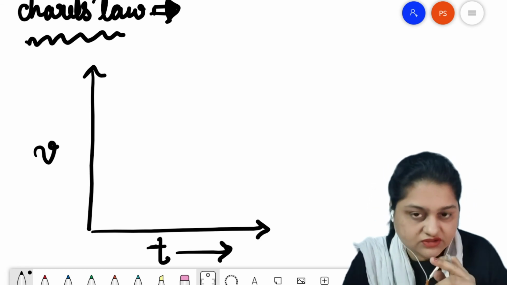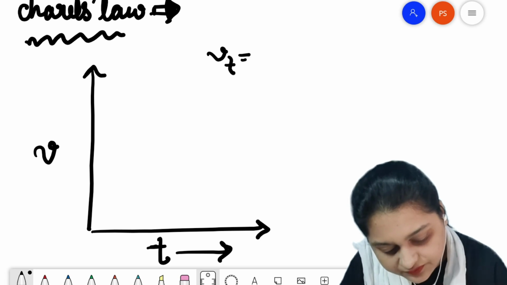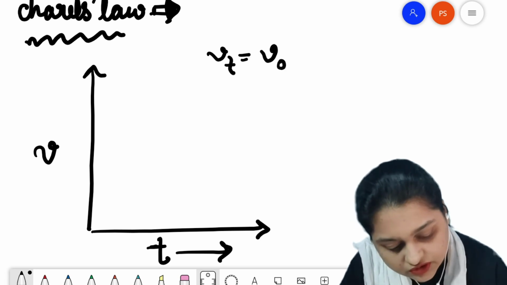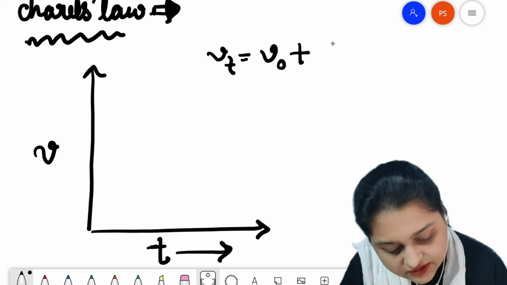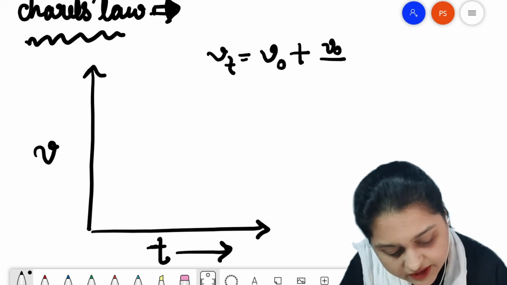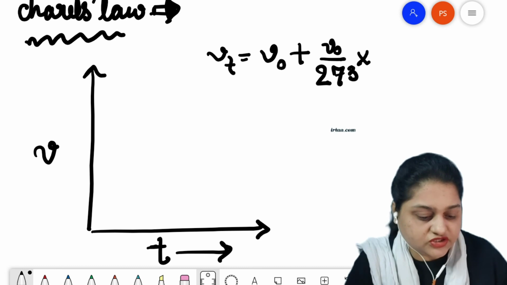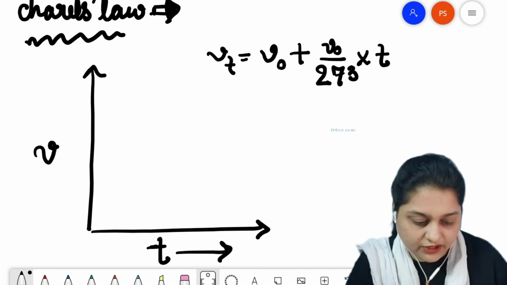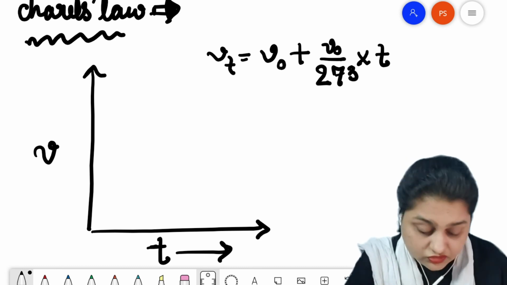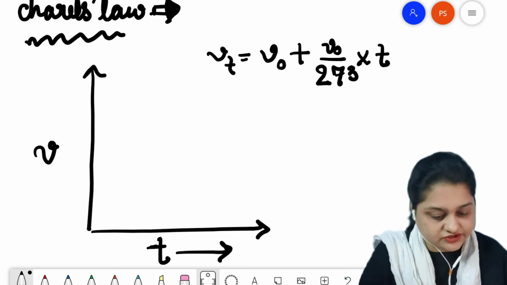Now, the Charles' law expression Vt equals V naught plus V naught by 273 multiplied by T. This is the expression that we are going to use to establish this graphical plot to explain Charles' law.